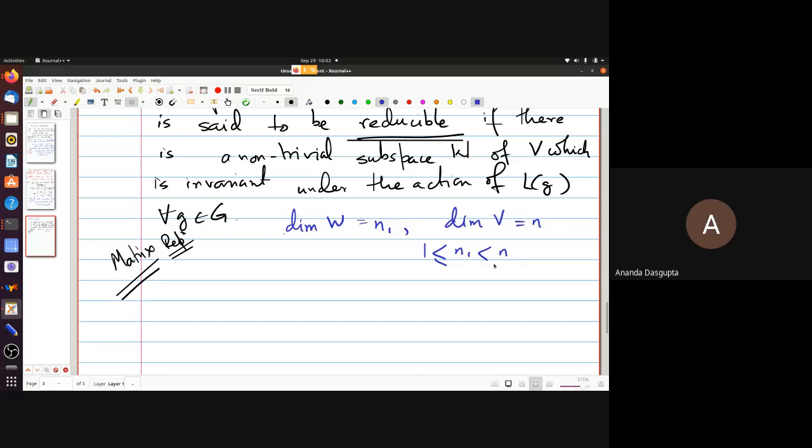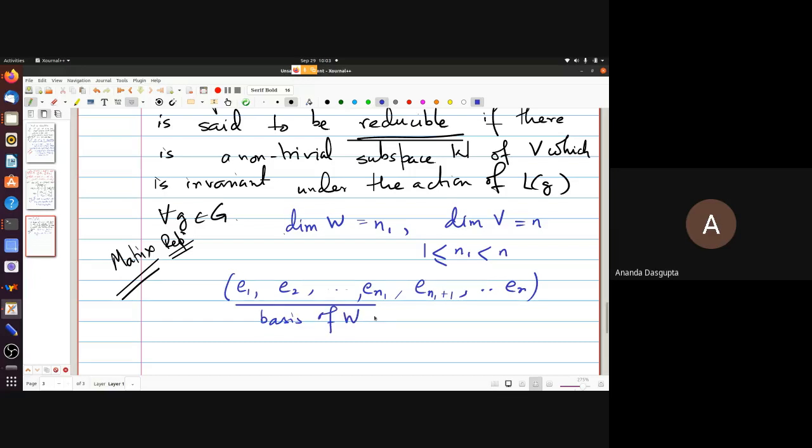So now what you can do is of course choose the n basis vectors of V in such a way that the first n1 of them, this first set, gives us a basis of W, right?